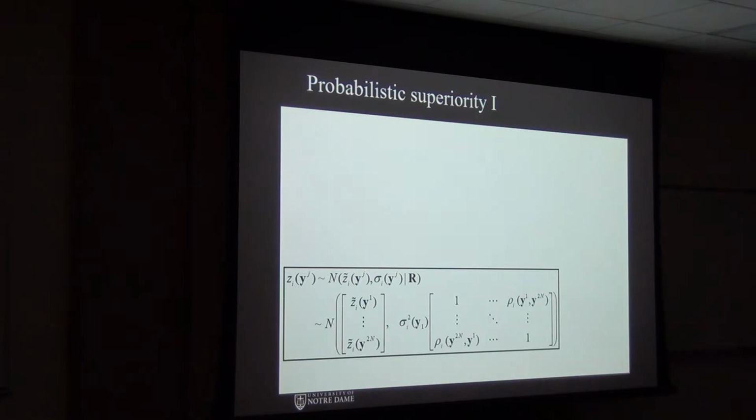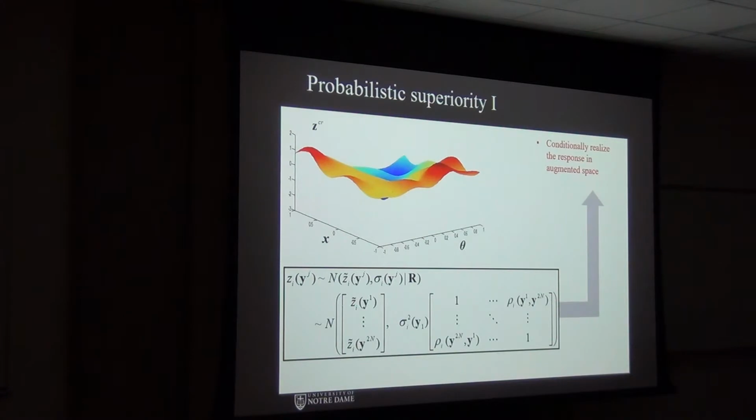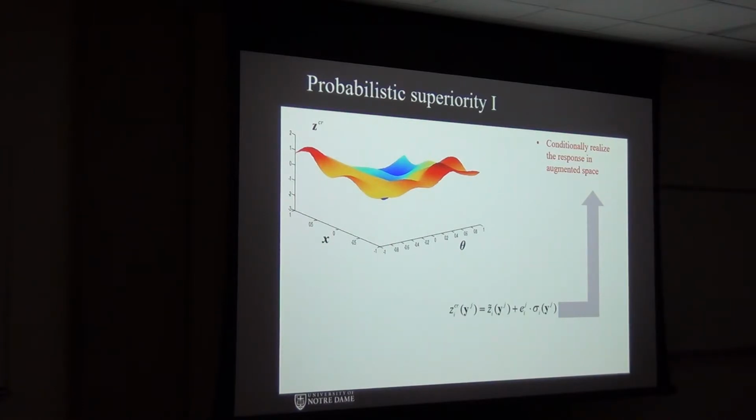Graphically, this is what your Gaussian process meta model is: it has some mean, some variance, some correlation structure. You can sample from this distribution, which is generally very simple to do.